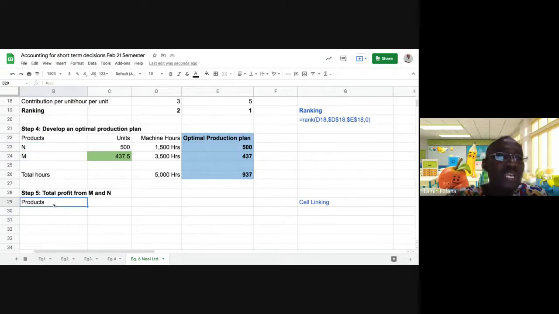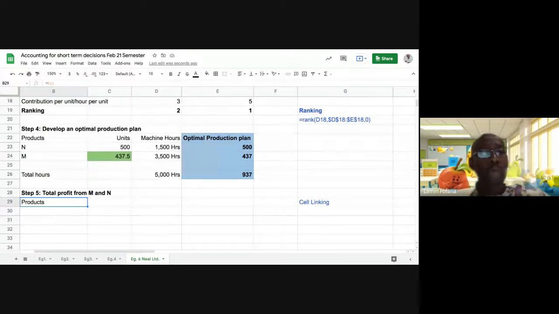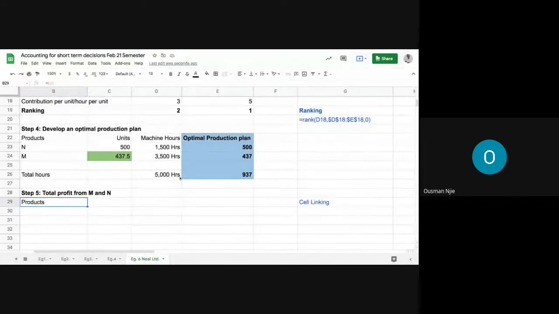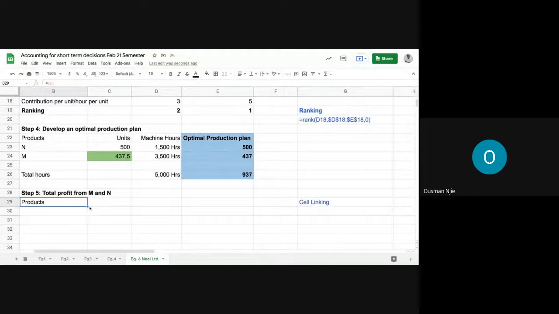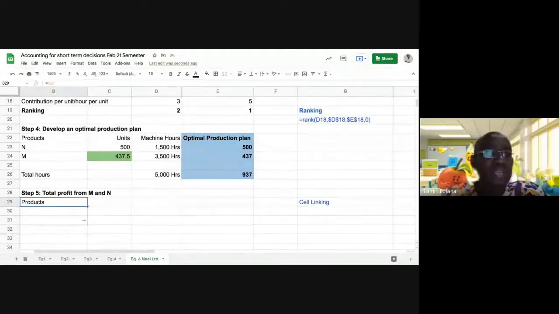So once we say equals, we click on the cell reference of this one we will produce here. Okay, so what else do? We can drag it down, then it will replicate. Excellent, good, thank you.